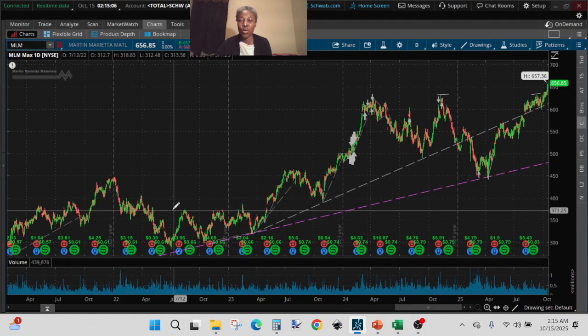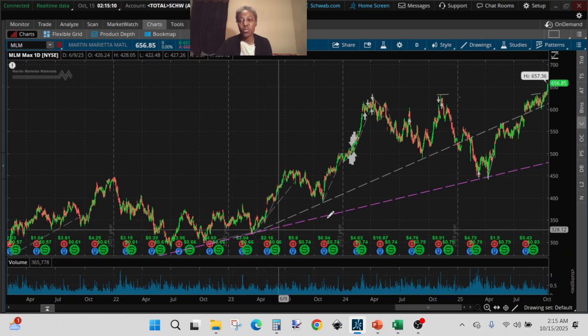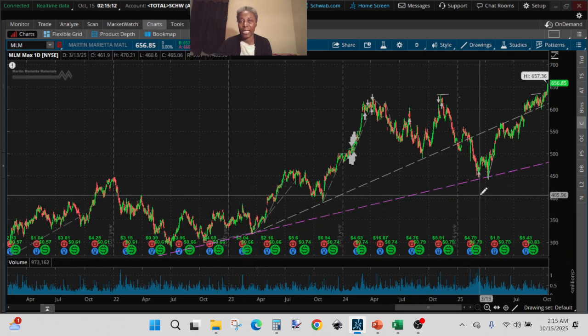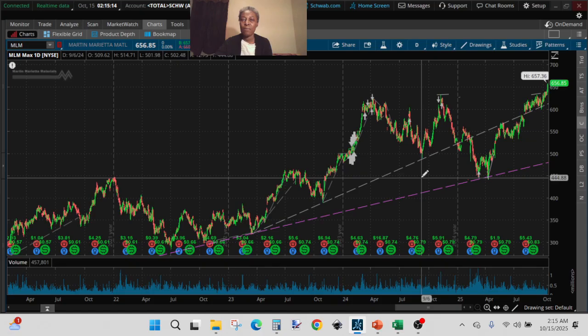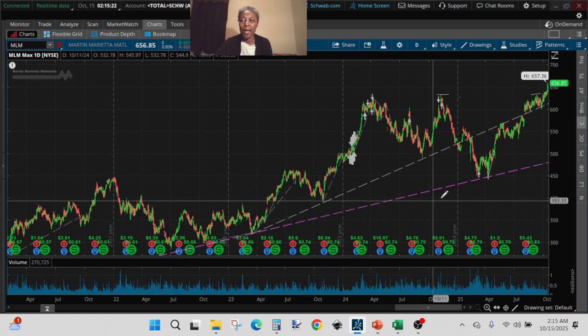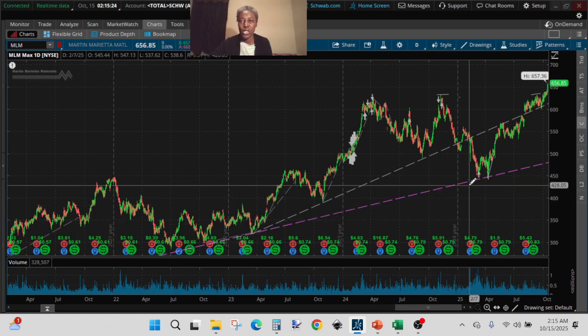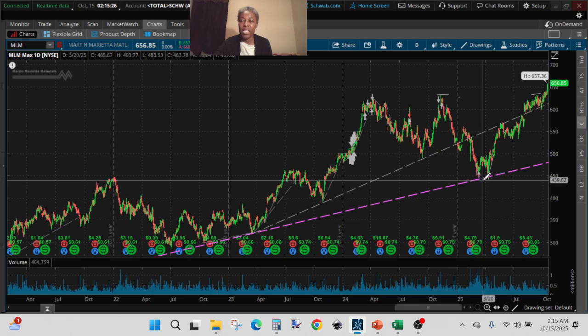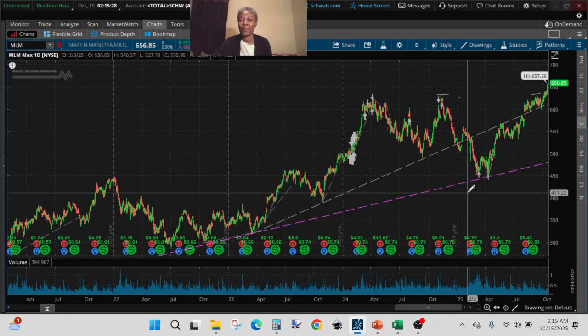I'm not tracing a horizontal support line. I'm tracing an uptrend support line. They are oblique, because again, I'm trading growth stocks. They are growing, they are going up. I'm tracing support lines that follow the same direction, and my strategy is based on that.